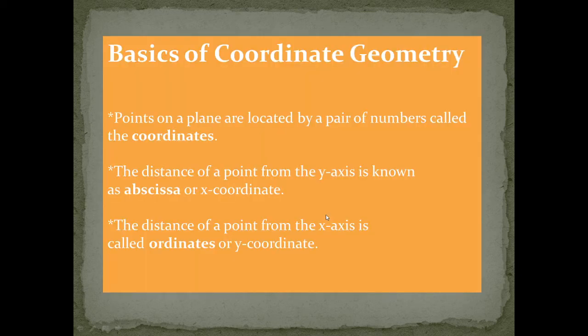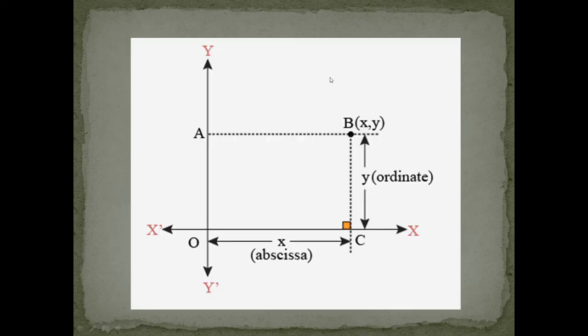So here you see, you take some point (x, y). At how many units distance does it lie from the x-axis? It lies y units from the x-axis. At how many units distance does it lie from the y-axis? It lies x units from the y-axis.